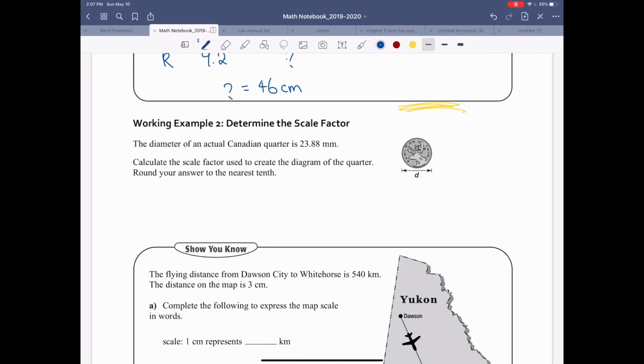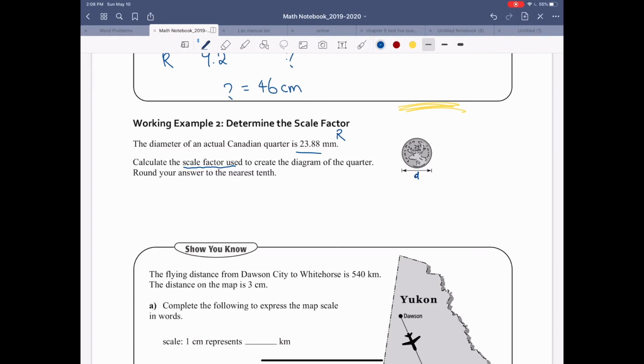The actual Canadian quarter is 23.88 millimeters. They ask you to calculate the scale factor used to create a diagram of the quarter. You know this is the actual, the real part. And this diagram here, you have to measure yourself using your ruler, according to the diagram in your workbook.